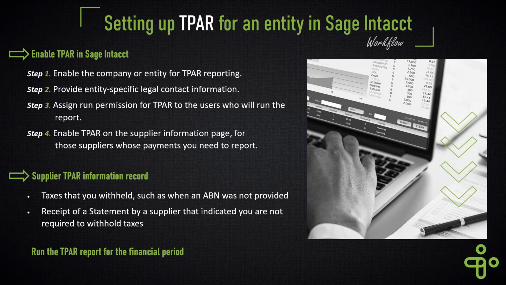Once you have enabled TPAR for a supplier, a TPAR tab is added to the supplier information record. Use this tab to record any withholding taxes or relevant statements that are received. And lastly, once the configuration is complete and the supplier information is entered, you can run the TPAR report after financial year end.